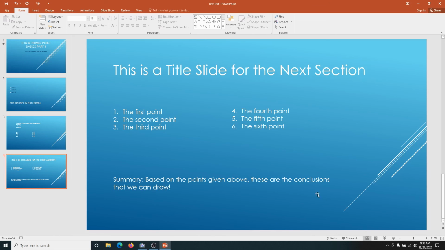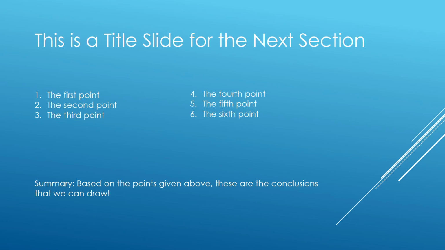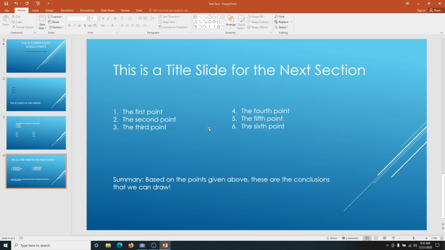And so I'm going to come down here and click the slideshow button by the zoom slide bar, and it's going to start us off on the slide that we were currently looking at. So it does not start from the beginning.